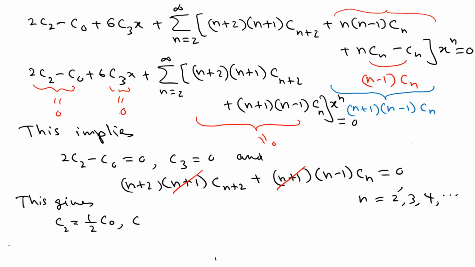And then also c3 equals 0, and c(n+2) equals negative (n minus 1) over (n plus 2) times cn. This is valid for n going from 2, 3, 4, like that. Okay, so that means we can find the first few values.